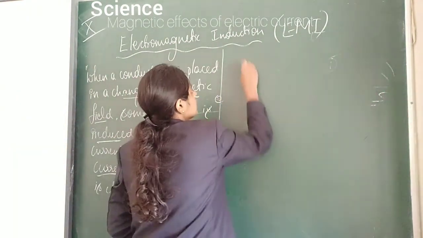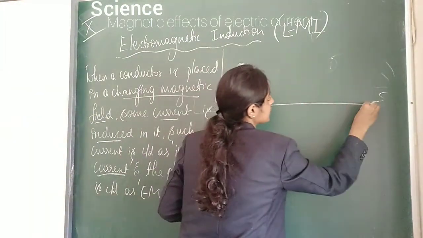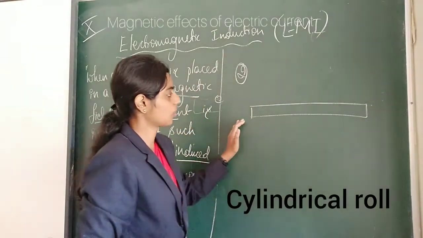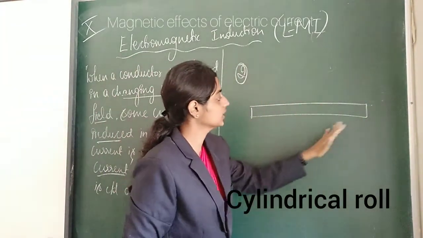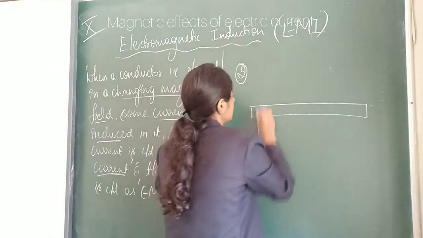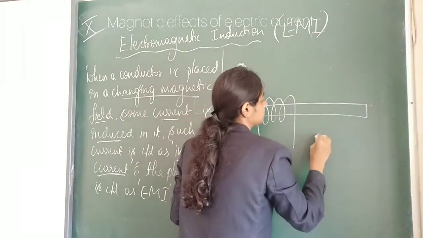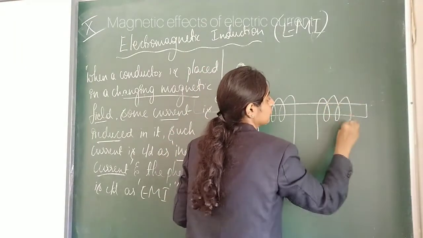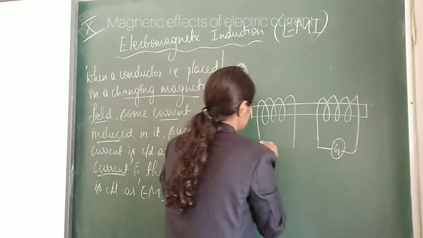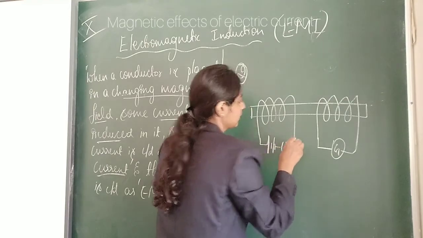Here, again Michael Faraday took a cylindrical device, and on it he took 2 coils. One is connected to a galvanometer and another one is connected to a battery and a plug key.